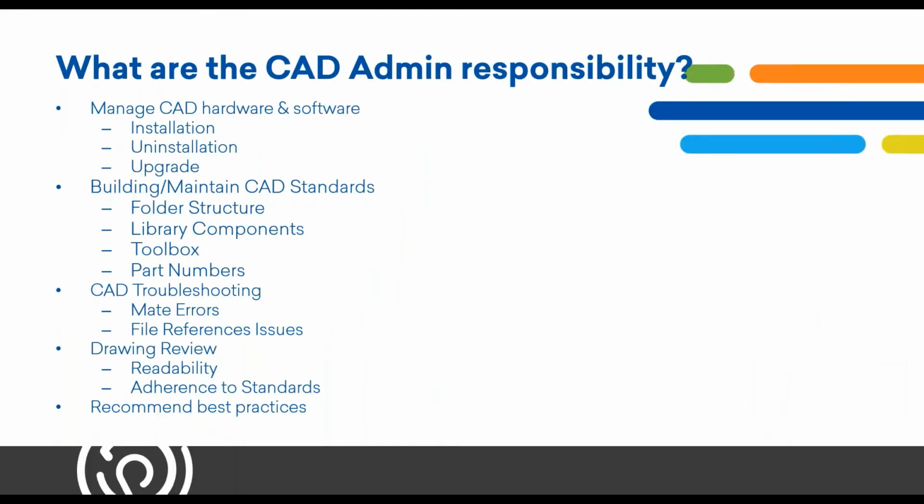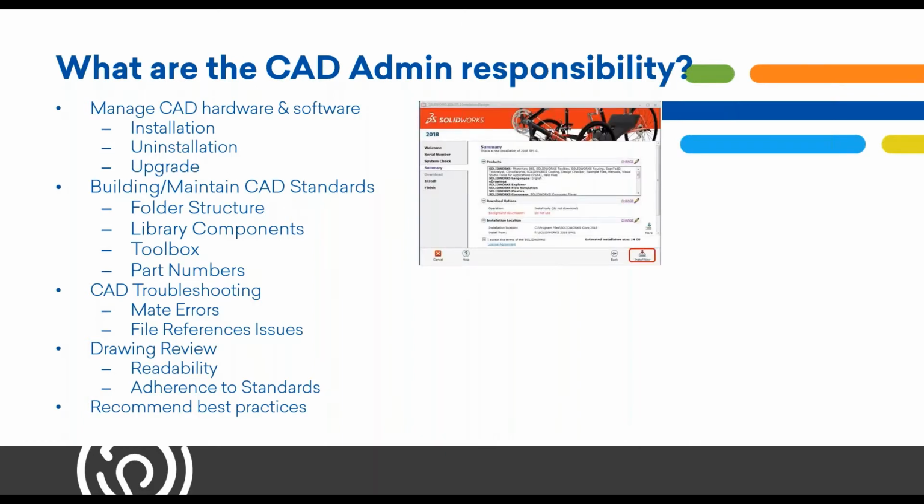So let's talk about the CAD admin's responsibilities. One of the responsibilities that the CAD administrator has is to handle your CAD hardware and the software associated with your CAD files. As we know, CAD systems depend on graphics cards. CAD systems also have quite large installation sizes because of the complexity of all the great things that it's doing, right?